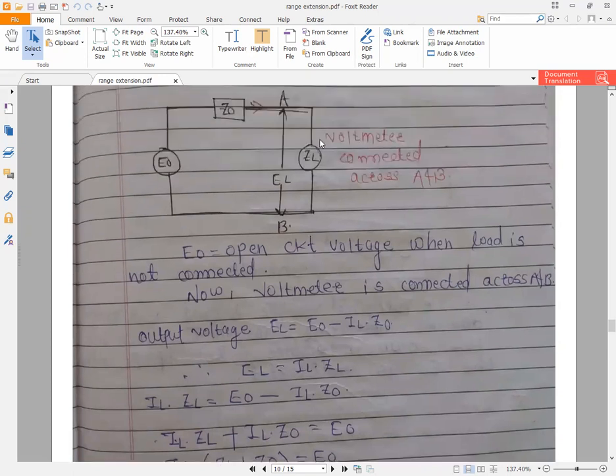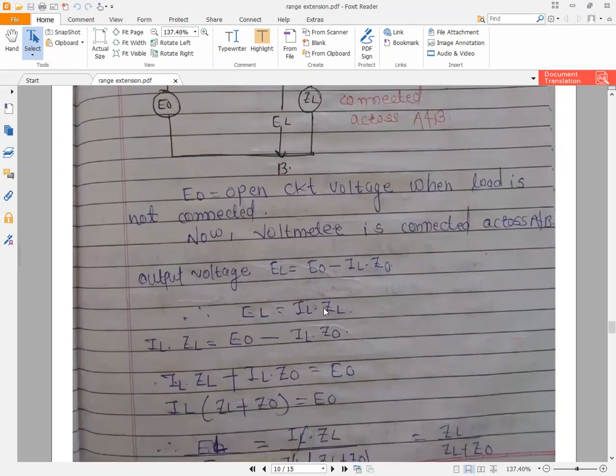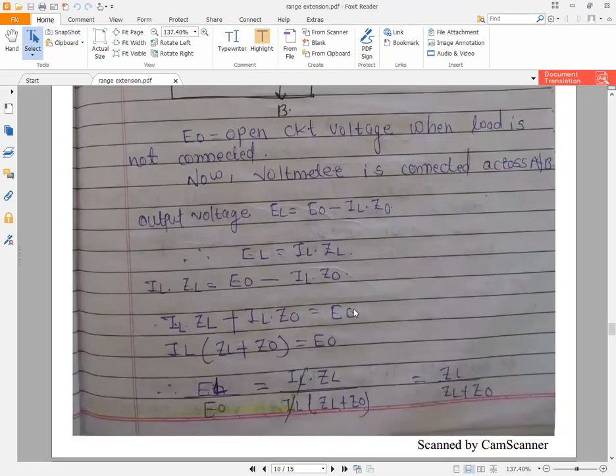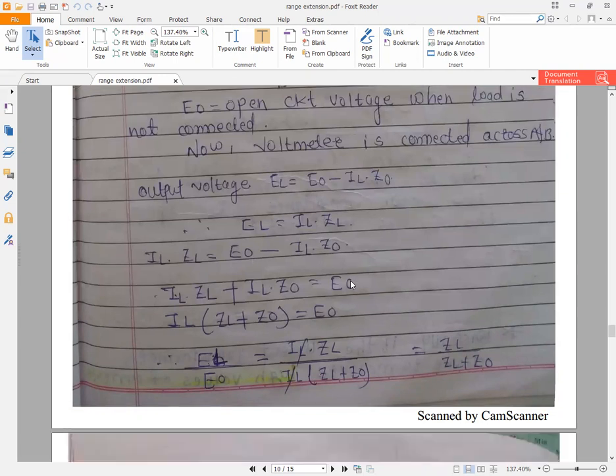As we know, ZL equals EL divided by the current flowing through it, that is IL. Therefore EL equals IL into ZL. So we will simplify this. EL equals IL into ZL, which equals E0 minus IL into Z0.